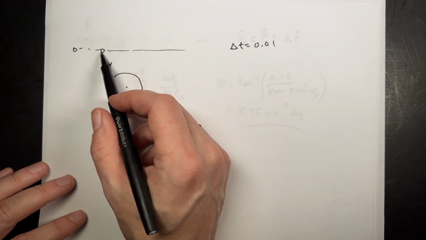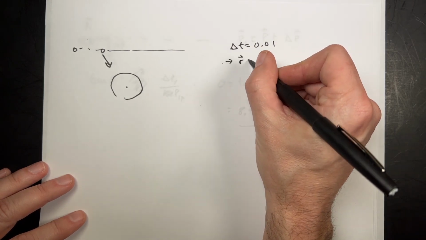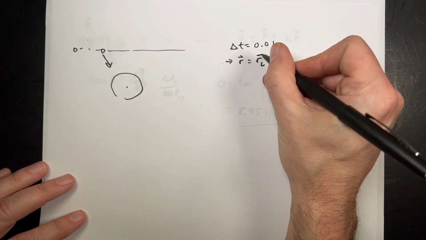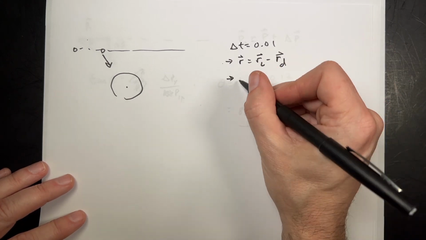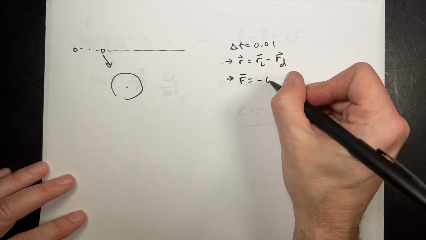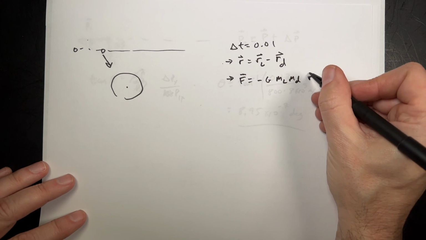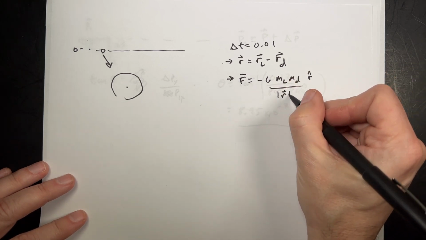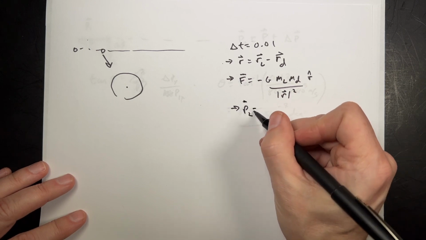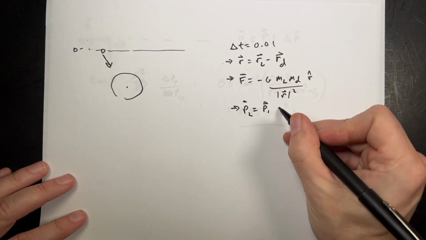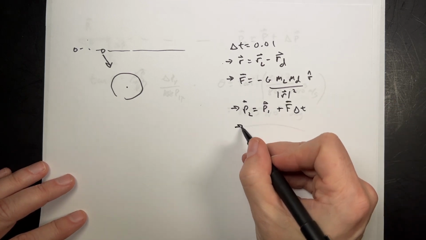Okay, and so during that time interval, I can calculate R. R is R Lucy minus R DonaldJohanson. And then I can use that to calculate the force, F equals negative G, mass of Lucy, mass of DonaldJohanson, R hat over R magnitude squared. And then I can use that to update the momentum of Lucy, P2 equals P1 plus F, which I just calculated, times delta T. And then I can use that to update the position.